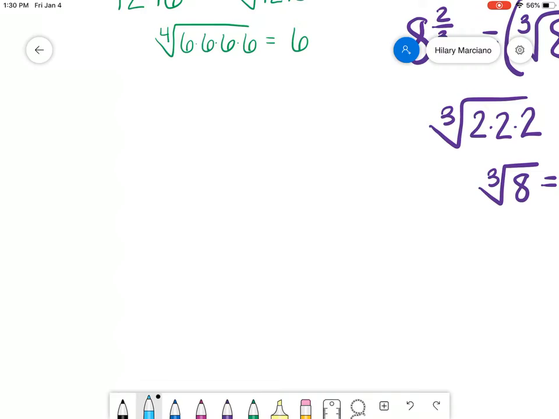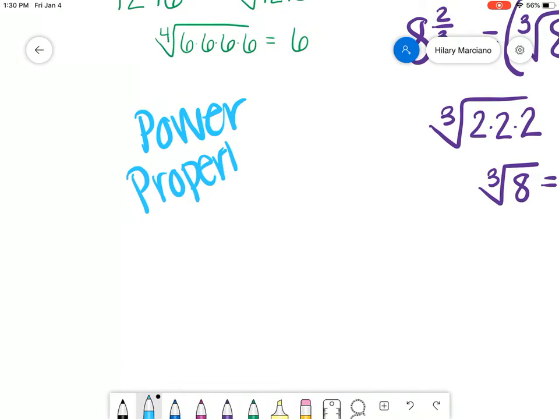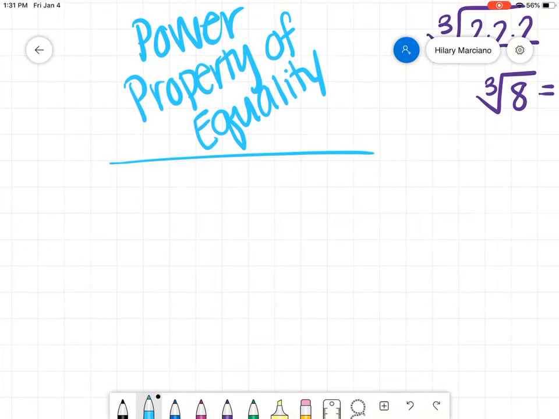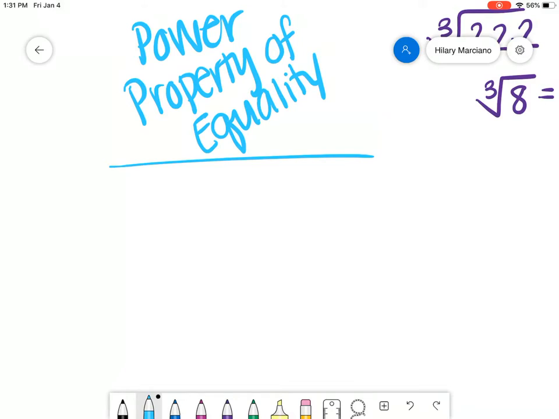One last thing I wanted to talk about is this power property of equality. What this is telling us is when our bases are the same, then our exponents are going to equal each other.